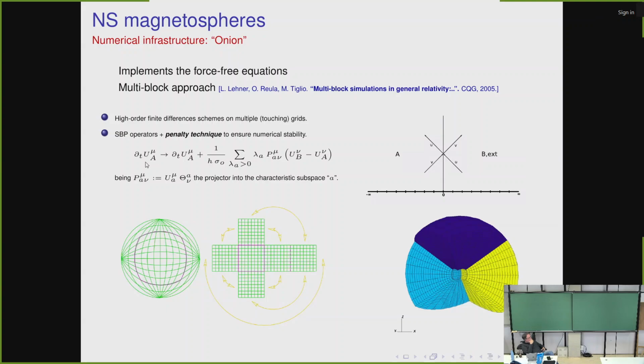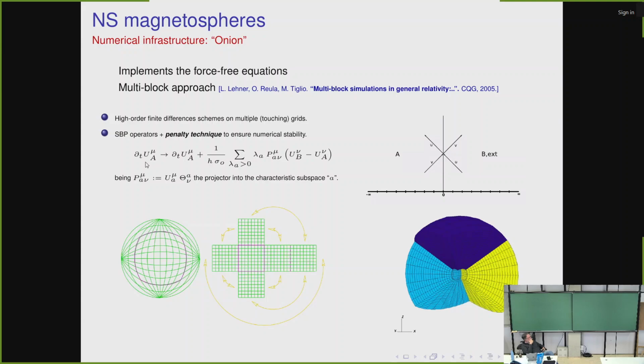The black hole is easier in a sense because you can place the horizon inside the inner numerical boundary, and doing so, you essentially do not need to prescribe any boundary condition at the inner boundary, because there are no incoming modes from the perspective of the exterior of the black hole.